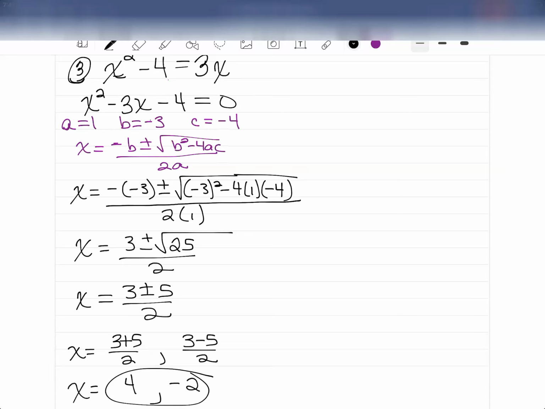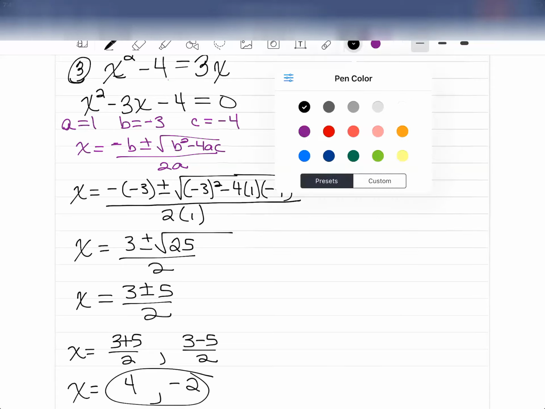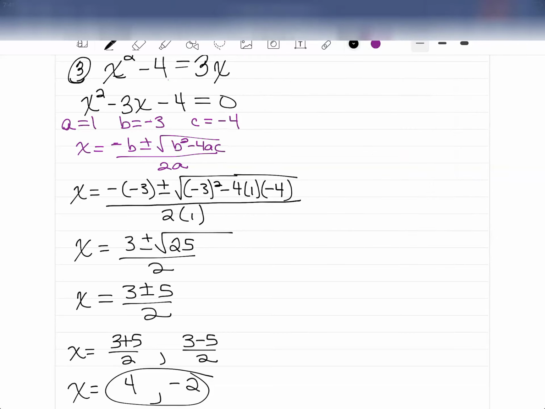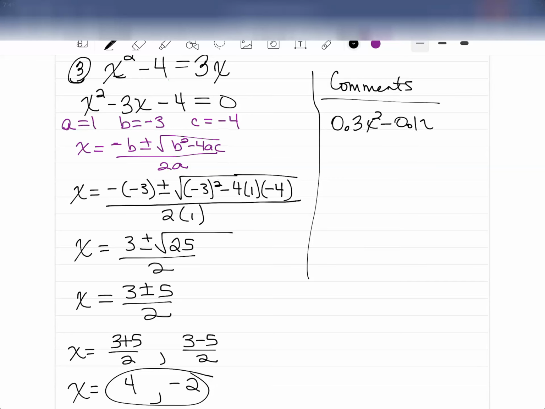So just some quick comments. If you have an equation where you have decimals, you're still plugging in your A's, B's, C's the same way. It just makes it a little more difficult to deal with under the square root.